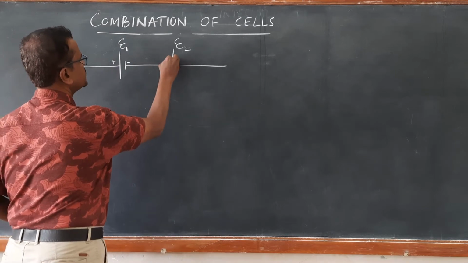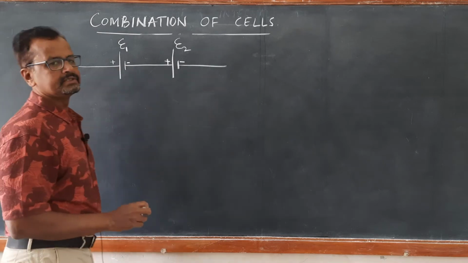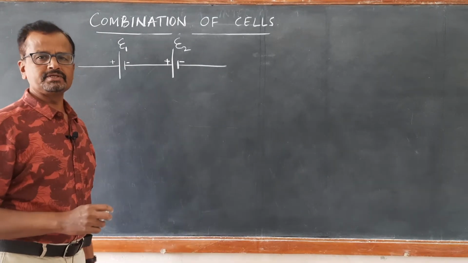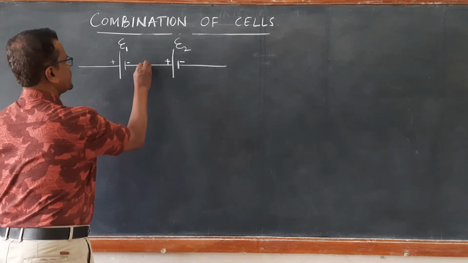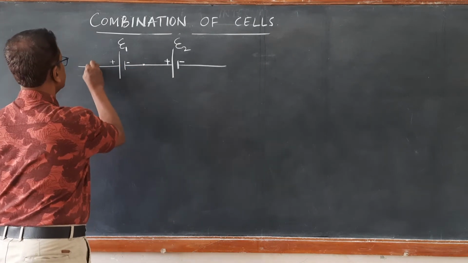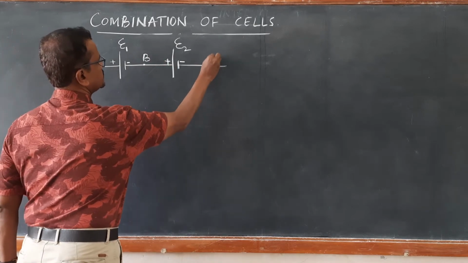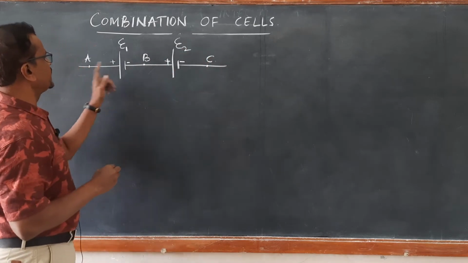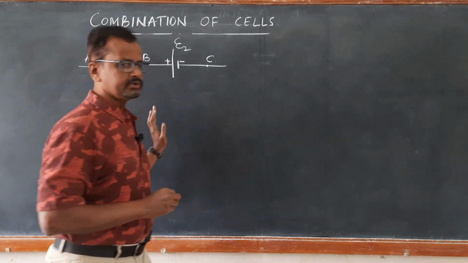end to end, then such a combination is called as series combination of cells. See, if you mark the terminals as A, B and C, then between A and B, cell E1 is taken, between B and C, cell E2 is taken.